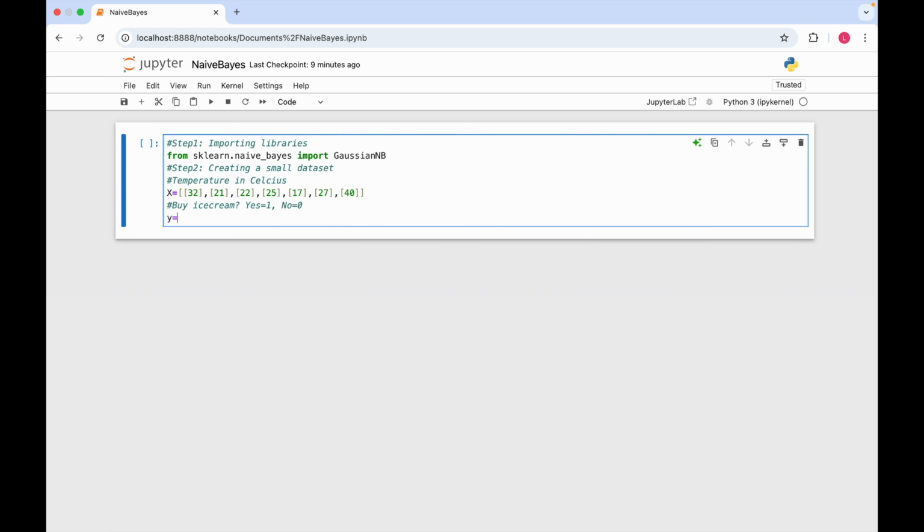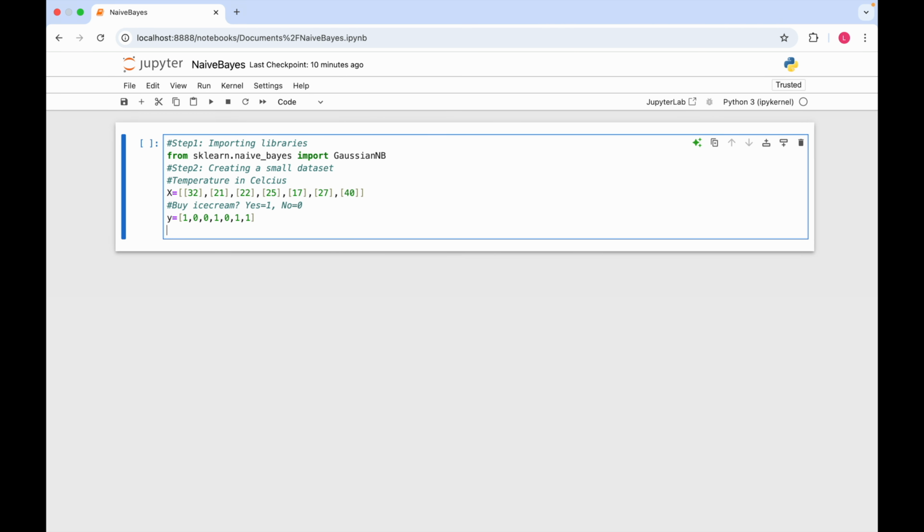So y equals 1, 0, 0, 1, 0, 1, 1. If temperature is 32 then it is yes, if temperature is 21 no, 22 no, and then 25 yes, 17 no, 27 yes, and 40 yes. So this means if the temperature increases, people are more likely to buy ice cream.